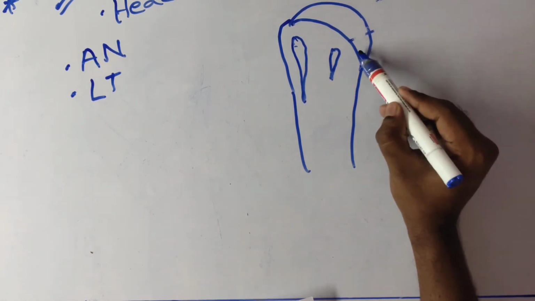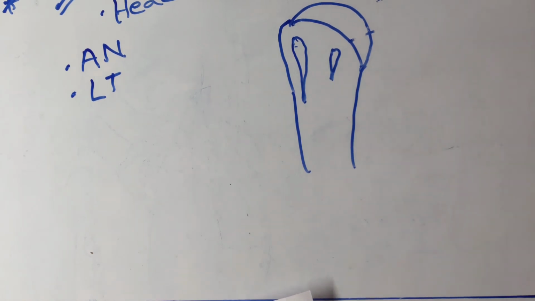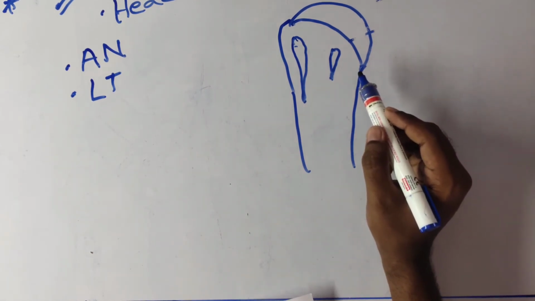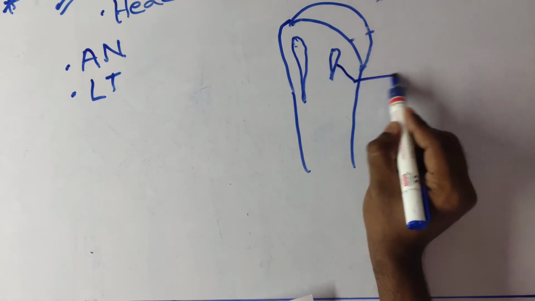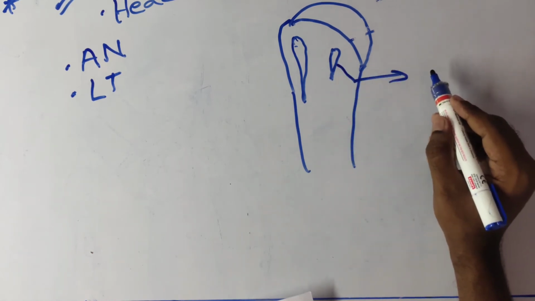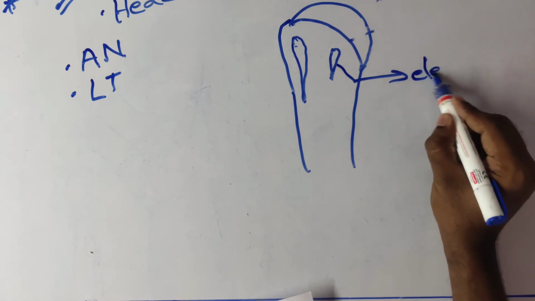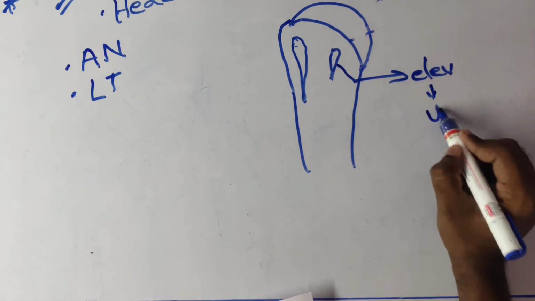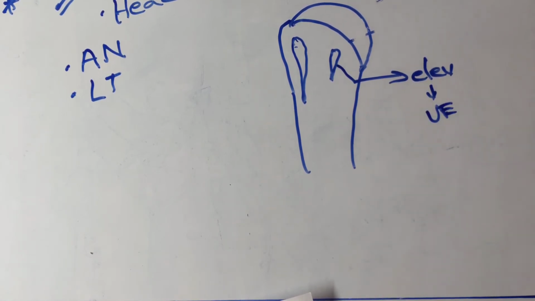While reading about anatomical neck, the only point is it separates the rest of the body from the head of humerus. Next, lesser tubercle: it is the elevation of anterior aspect of upper end. That is enough for it.